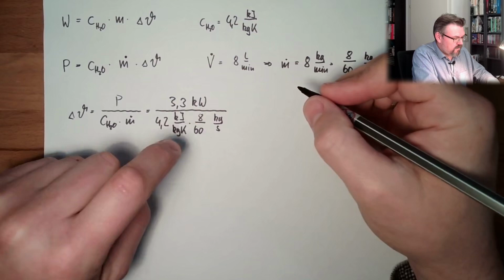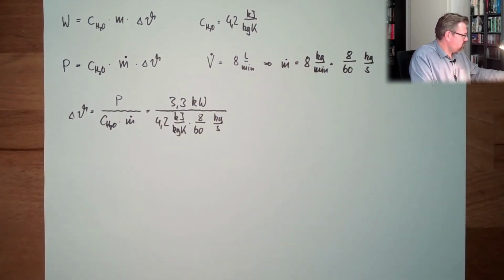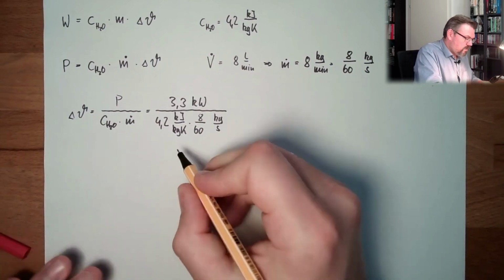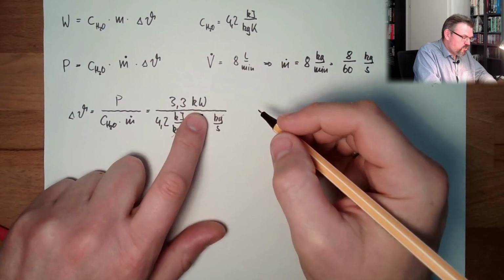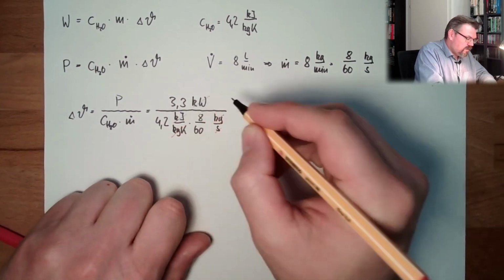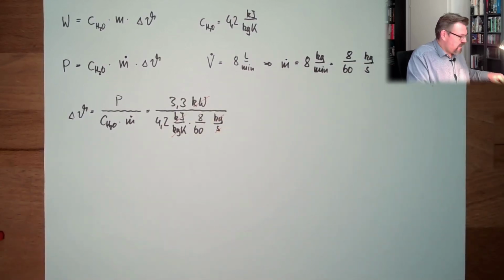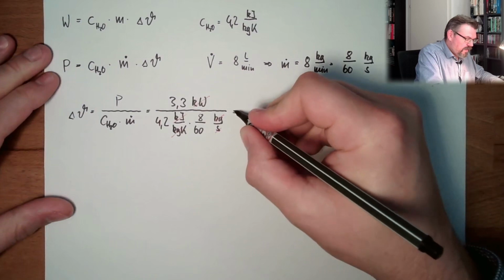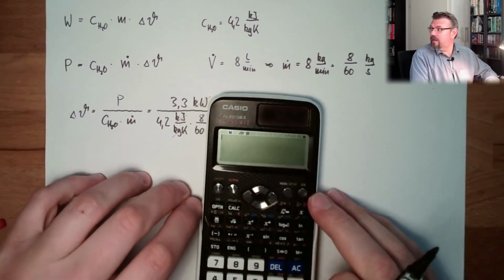Kilo is gone. And this is actually kilojoule per second. So also this is gone. What is left is Kelvin. Okay, the unit is accurate. Let's see what the result of our calculation is.